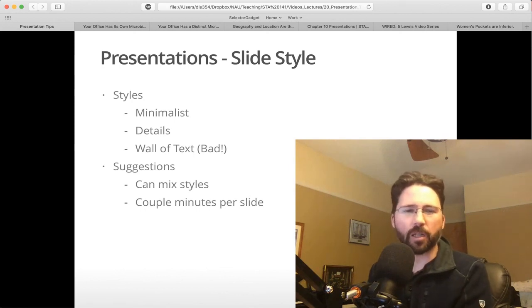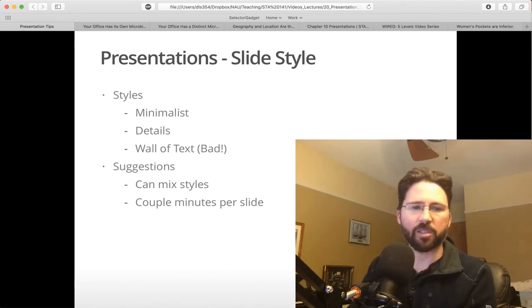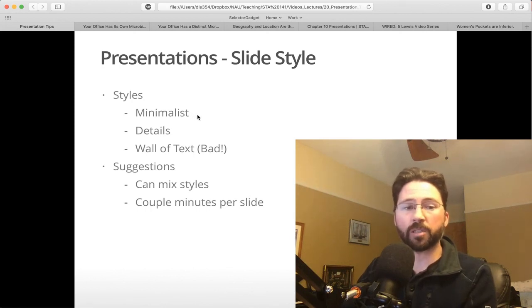With the minimalist style, someone looks at my slides and goes, oh, look, you've got a minimalist style and a detailed style and a wall of text. At the very least, I've mentioned that the wall of text is bad, but I haven't talked about the pros and cons of minimalist versus the detail style.